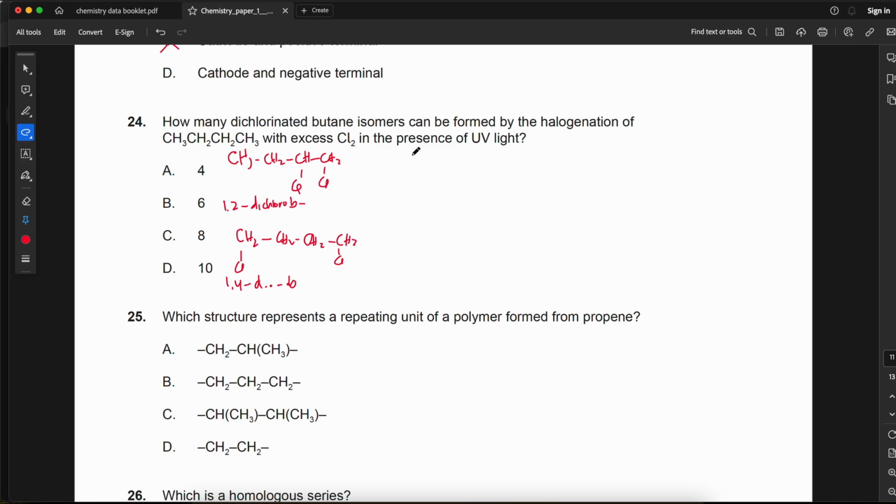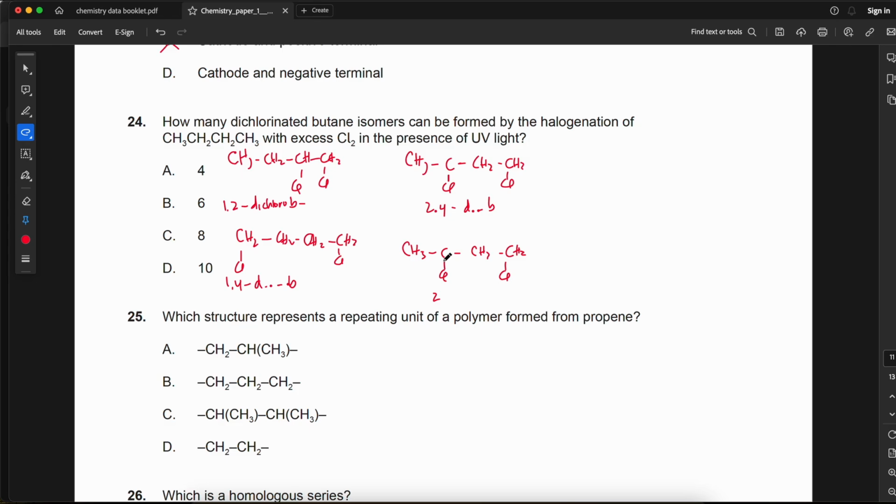The third one will be CH3, C, and Cl, CH2, CH2, and Cl. That would be 2,4-dichlorobutane. And the fourth one will be CH3, C, Cl, CH2, CH2, Cl. That would be 2,4 again.